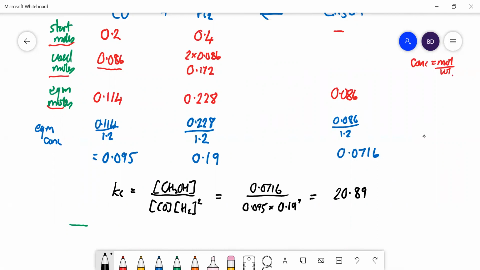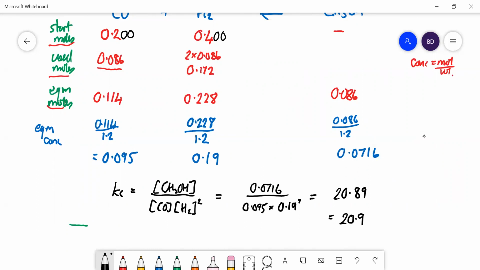20.89. Now, number of significant figures: all the data was given to 3 significant figures. They said that many moles, 0.200, so that's 3 sig figs, 0.04, and so on. So we should give this to 3 sig figs. Now the units, what have we got?